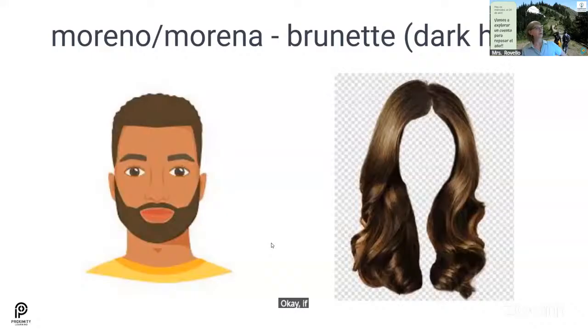If we are moreno or morena, means we have dark hair. Perrito. Creamy.